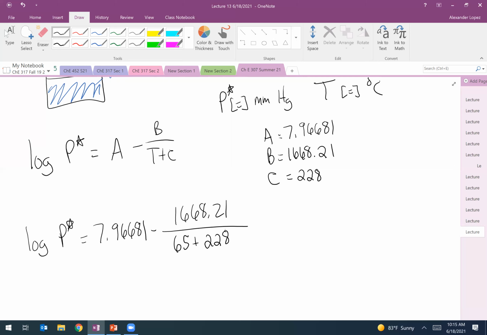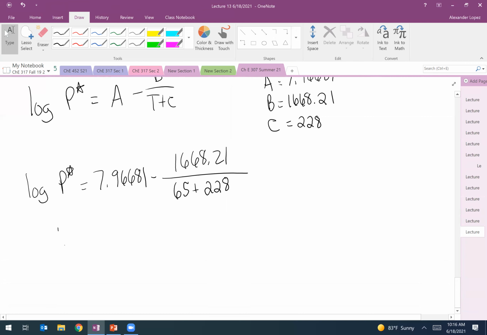So running through that really quick, I get from this log of P star equals 1.2401.